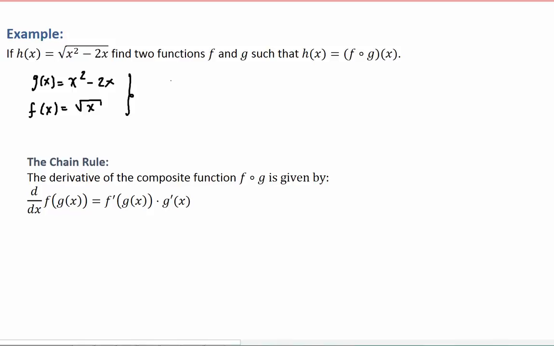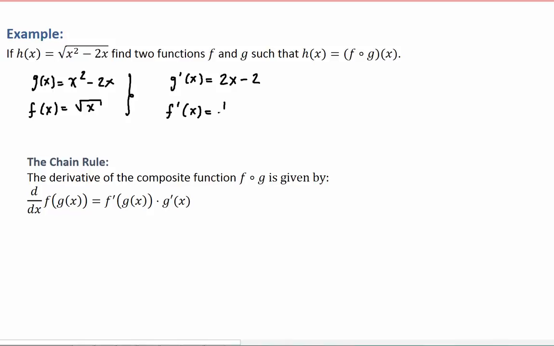To calculate the derivative of g, that's an easy one. g prime of x is going to be the derivative of x squared, which is 2x, minus the derivative of 2x, which is 2. Now the derivative of f, on the other hand, you can think about the square root of x as x to the 1/2.